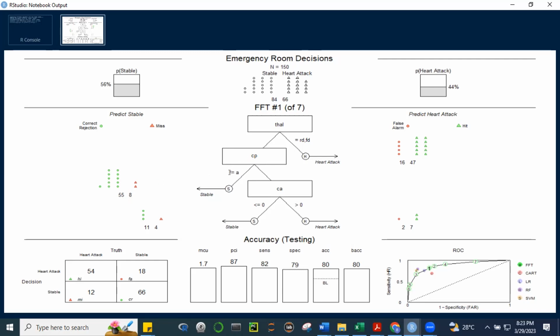Kasi pag sinabi natin if CP is not equal to A, then dapat stable siya. Of which dito sa 63, if you add 55 and 8, that's 63. So sa 63 na hindi equal to A, 55 doon yung stable, pero 8 doon, hindi siya stable, may heart attack siya.